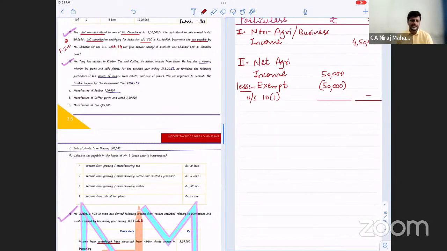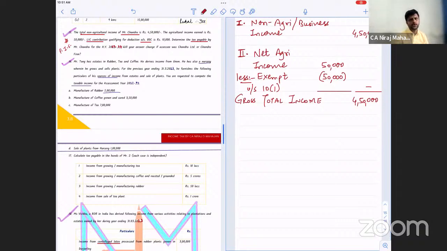Total of all my incomes, we call it gross total income, 4,50,000. Clear? From GTI, you can reduce some deductions which are given in some chapter. Chapter 6A deductions. Remember that?